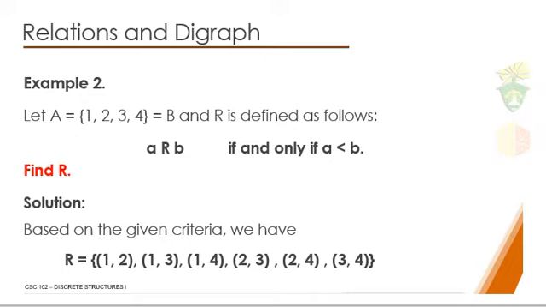Klaro ang criteria? So, dapat mas gamay ang first element sa ordered pair kaysa sa second element. So, based on the given criteria, we have the relation containing 6 elements or 6 ordered pairs only.